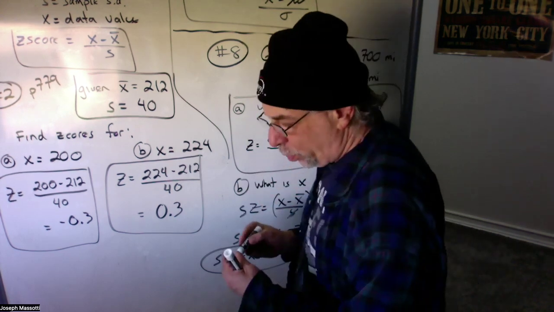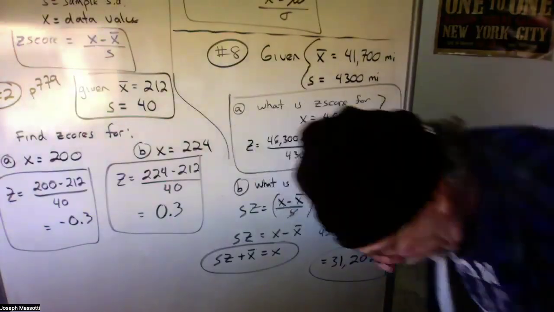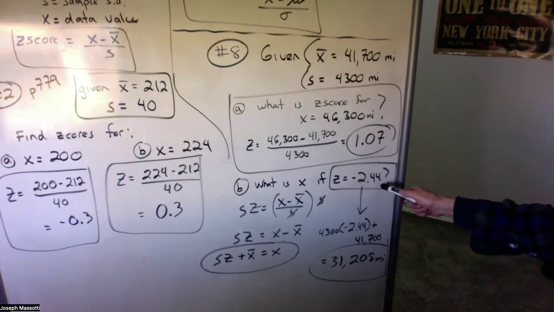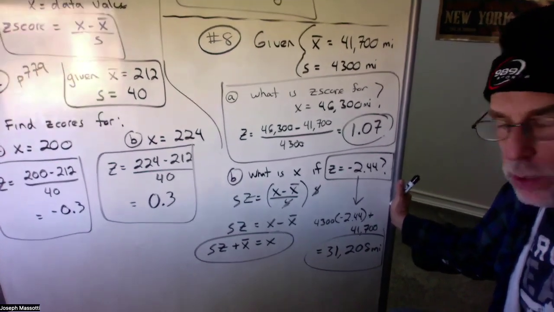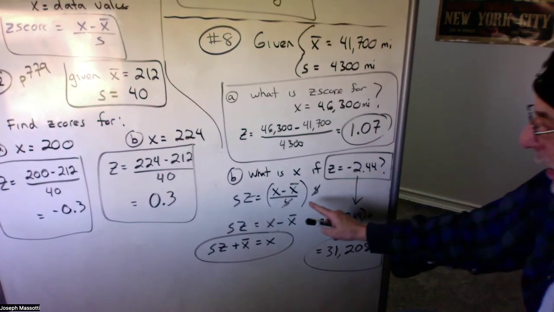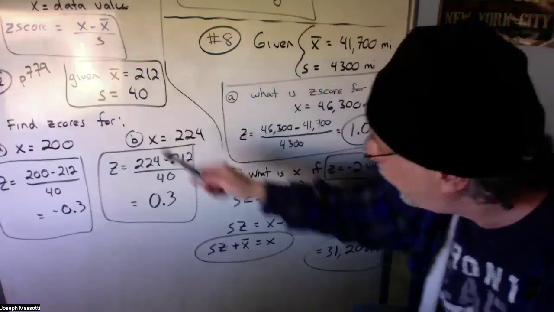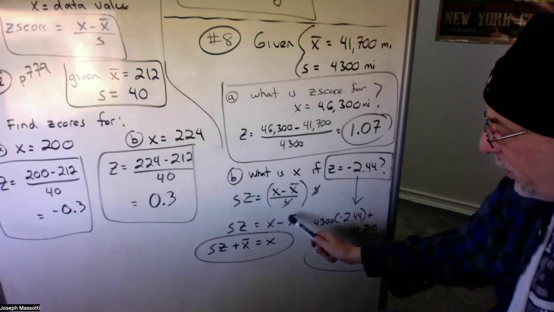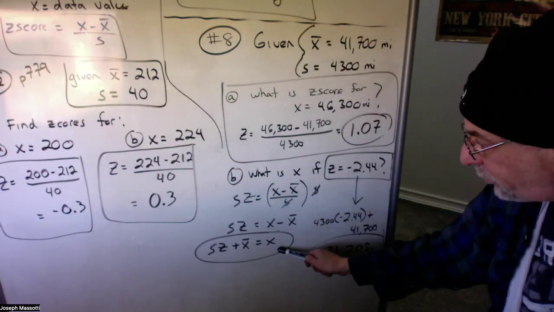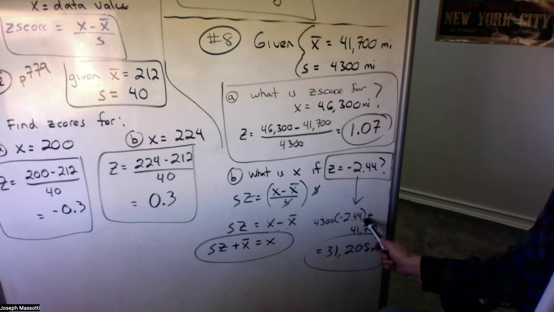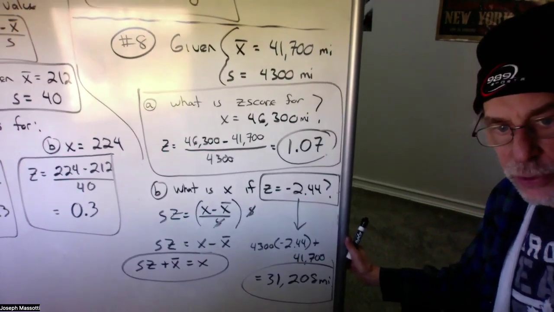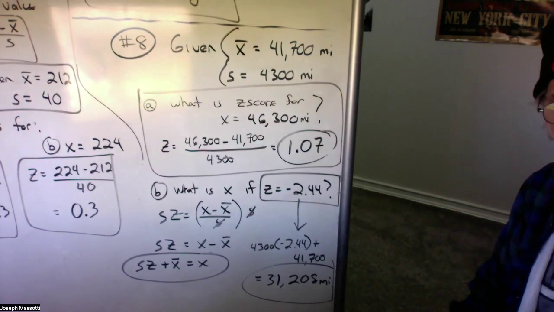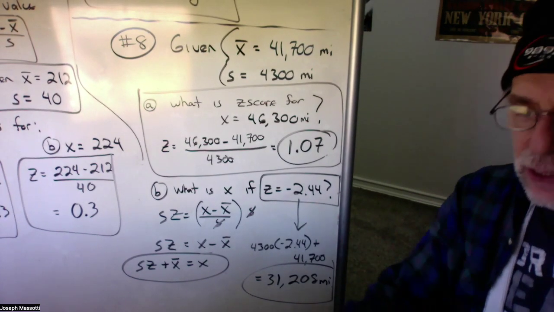All right, so if we're told that the z value for a certain tire is negative 2.44, meaning 2.44 standard deviations below the mean, we can take the original z-score formula, solve it for x, plug those numbers in, and get our answer of 31,208 miles. All right, so that is z-scores.